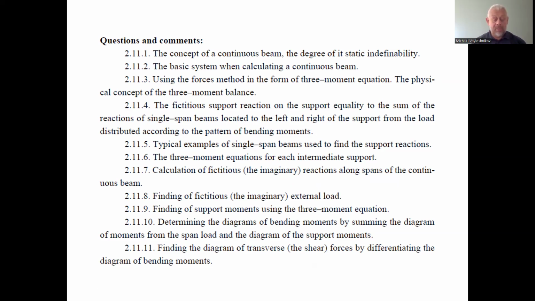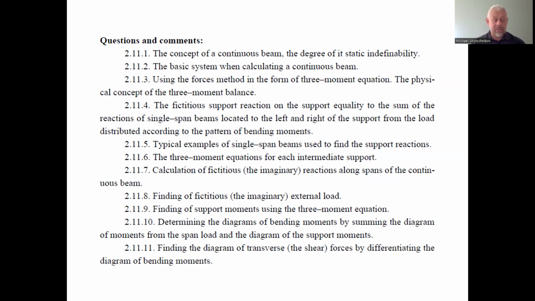It is a total of two summands. R, which we denote as R fictitious with indicator F, is the total of the two summands, R fictitious and B fictitious, from the action of the load of the spans located to the left and to the right of the considered supporting link, because we develop the three-moment equation for each intermediate supporting link.